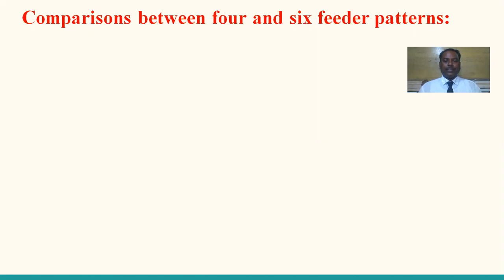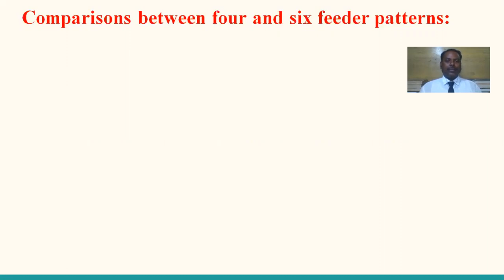In the earlier class, we discussed the rating of the distribution substation. In this regard, the square-shaped area, that is, a substation feeding 4 feeders, and the hexagonal-shaped area, that is, a substation feeding 6 feeders, and the same discussion was extended to a substation serving up to n number of primary feeders.